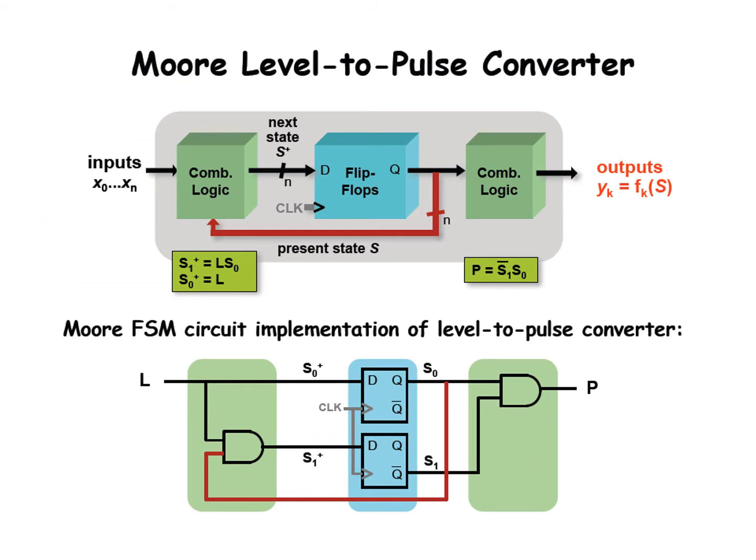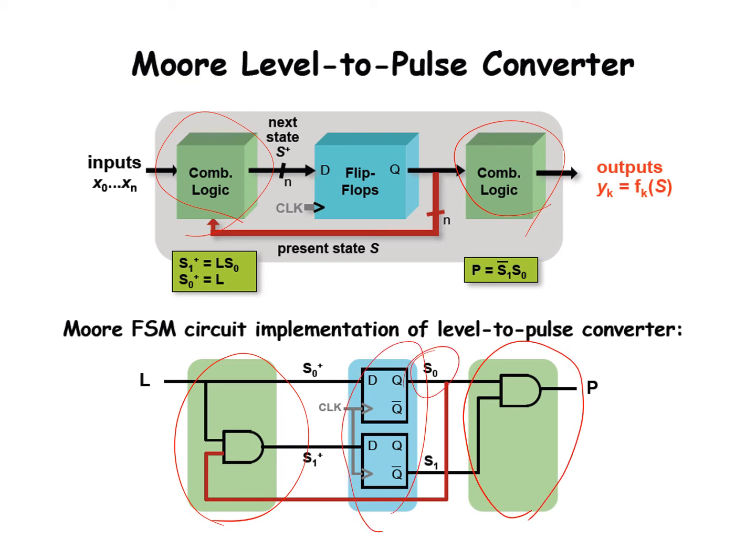Once we find the combination logic on the state machine and on the output side, then we implement that logic here and there, right? We have two flip-flops for generating S0 and S1. So it will come out like this, optimized down to this kind of logic.